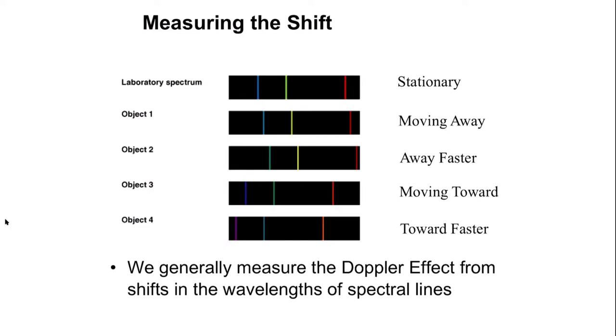There's another name for all of this. Look at these spectra right here. All of these lines have been shifted towards longer wavelengths, every single one of them. And since the red is at the long end of the visible part of the spectrum, we call this a redshift.